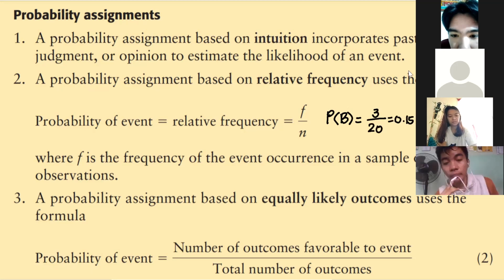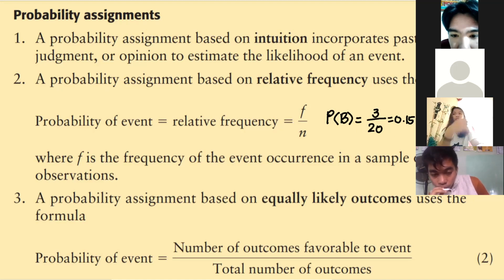Why we need to write it in decimal or in percent? For us to really see or imagine kung gaano ba kadami. Mas nai-imagine kasi ng students natin pag naka-percent yan or naka-decimal yan. Kasi pag 3 over 20, gaano nga ba yung kaliit or laki? Okay?